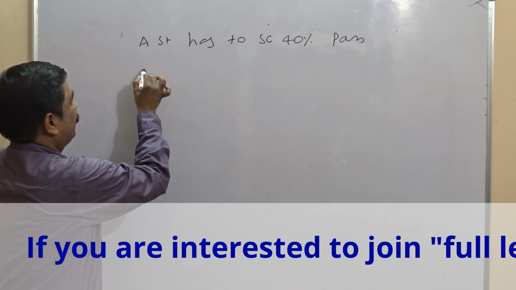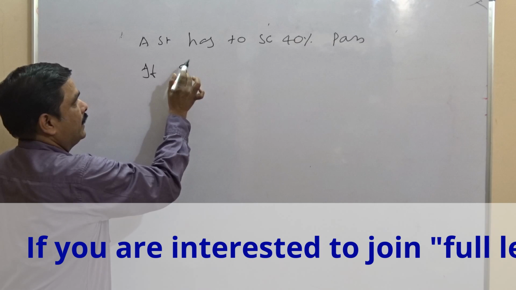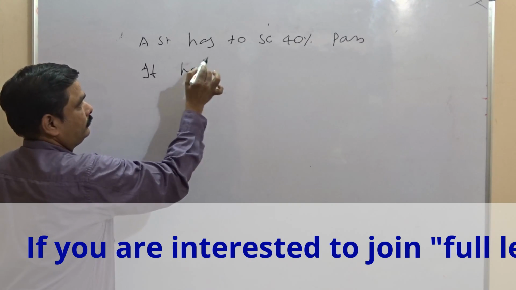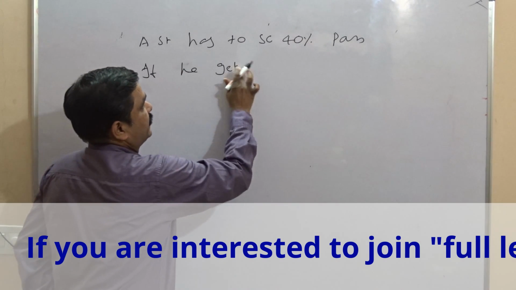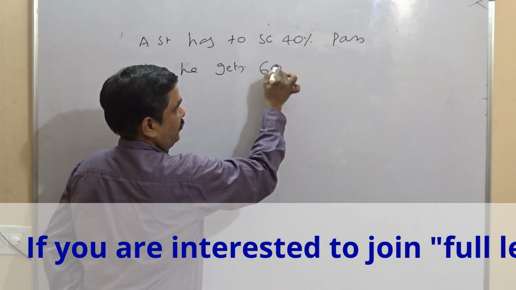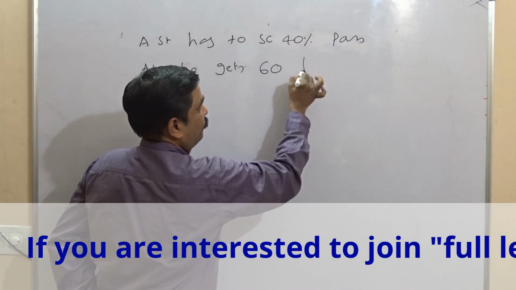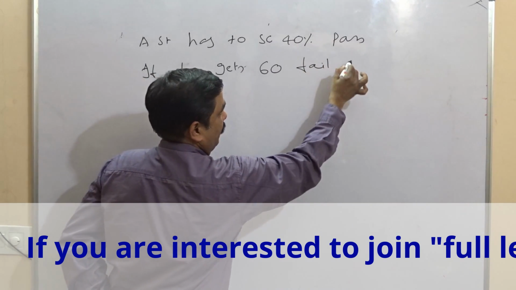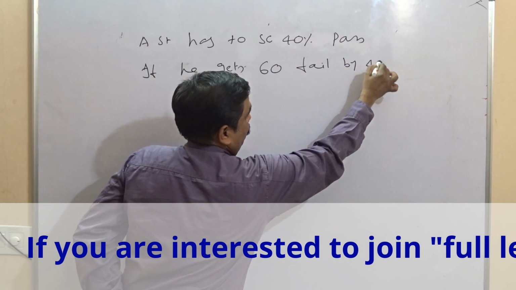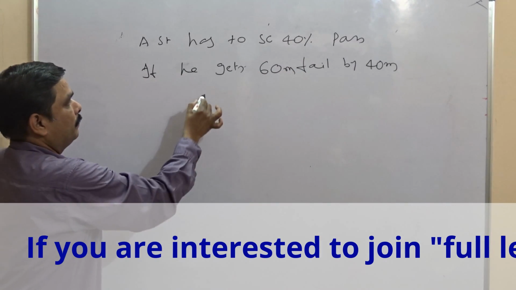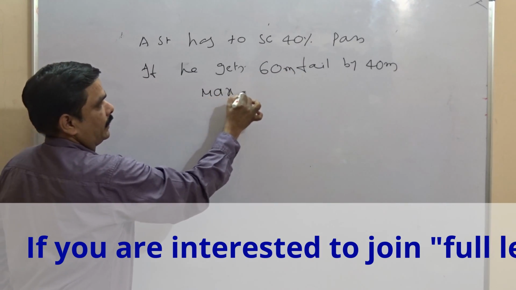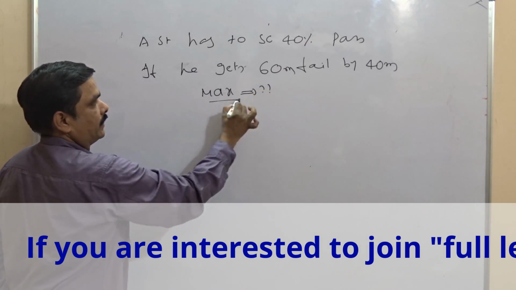If he gets, let us say, 60 marks and fails by 40 marks, then what are the maximum marks set for that examination is the question.